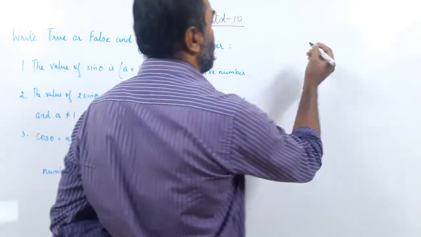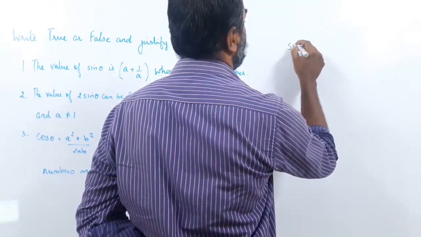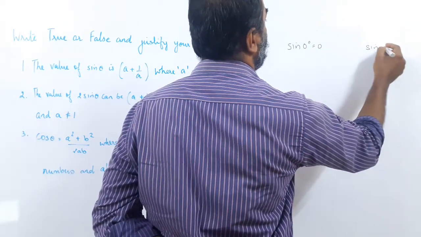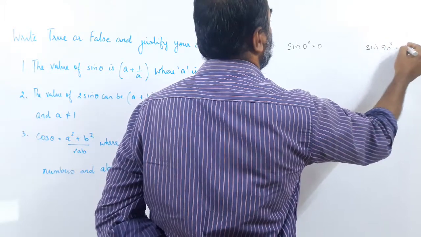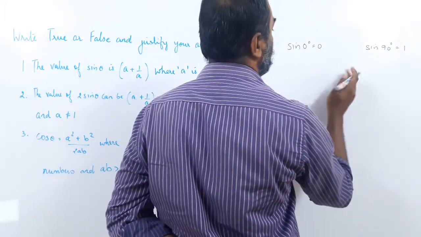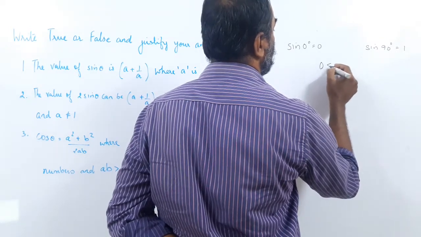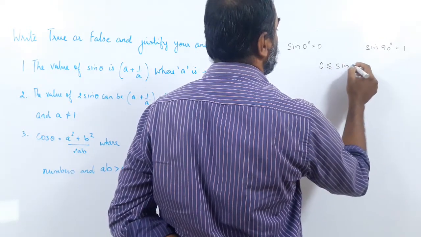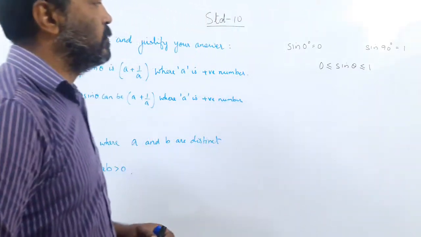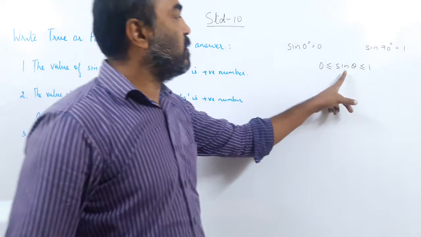So let us see it once again. Sine 0 degree is 0 and sine 90 degree is 1. So I hope you have understood what I have written here. The value of sine theta.